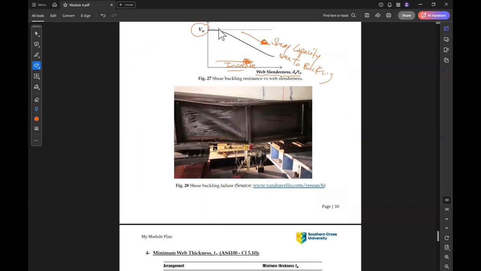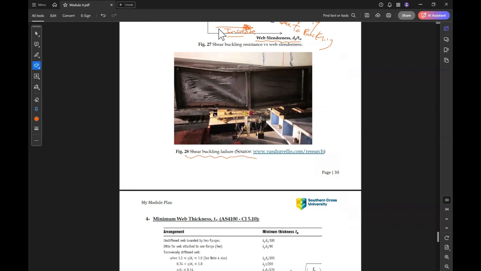And here is a failure of web, or web failure in shear. This is an example of web failure in shear of a stiffened beam. This is the stiffener here, this is the web, and this is the shear buckling in the web.